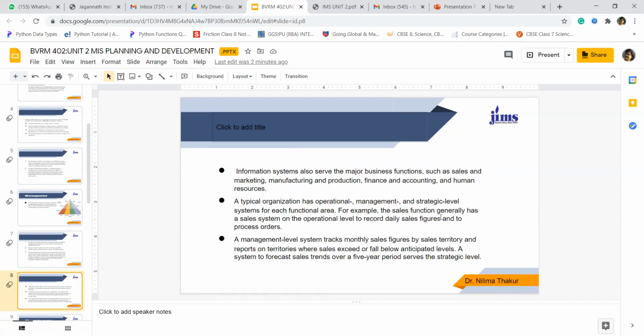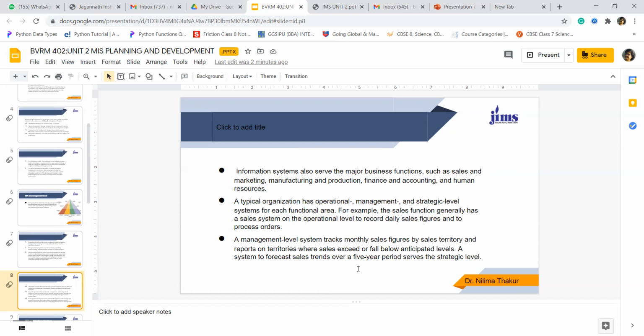For example, the sales function generally has a sales system on the operational level to record daily sales figures and to process orders. Management level systems track monthly sales figures by sales territory and report on territories where sales exceed or fall below anticipated levels.